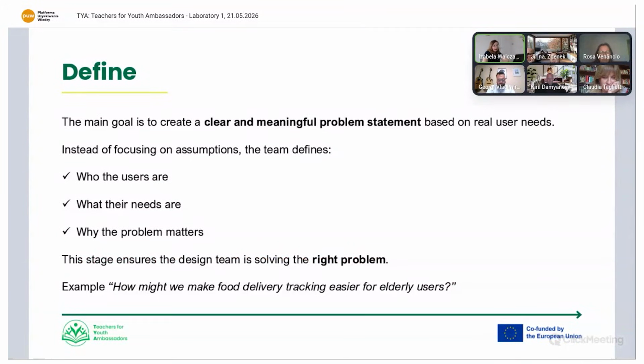Only after that phase do we go to the definition. Definition is not yet a solution. This is interesting: it only comes as the third stage in design thinking. So in the define stage, we've got a lot of data. We've got answers to our questions, the results of the observation, maybe an empathy map, maybe a lot of insights.